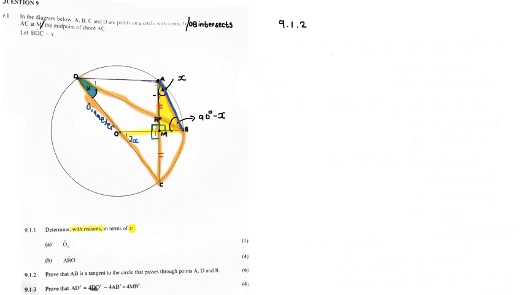So the chord would be this chord AR. We want to prove that the angle between the tangent and the chord, which is angle A1, must equal the angle in the alternate segment, which is this angle D1. So what we are trying to prove here is that angle D1 is equal to x. If we can do that successfully, then we prove that the line AB is a tangent. All right, so let's do that.